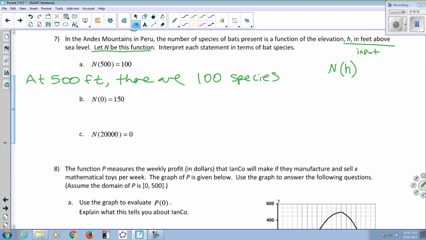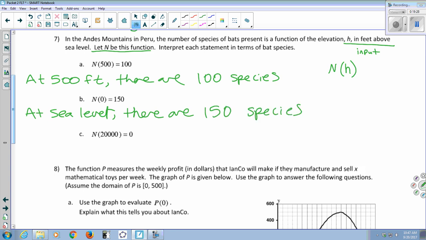So the number in parentheses is an elevation. So 0 feet above sea level. So I'll just say at sea level, there are 150 species. And 20,000 feet above sea level, there are 0 species of bats.